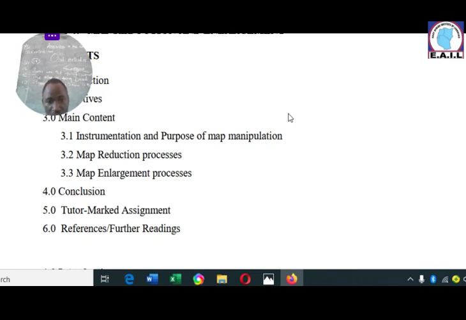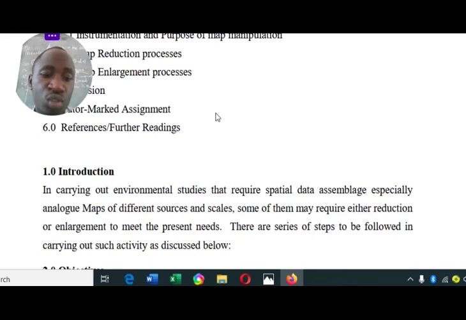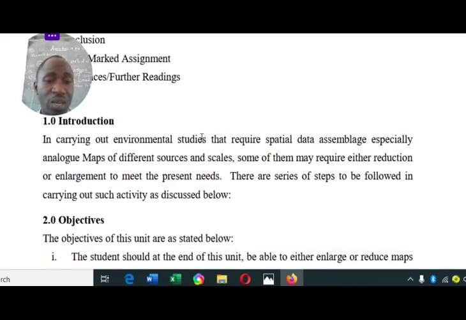Then we look at the map reduction process, then the map enlargement process. Then we make some conclusions, where we shall end by looking at questions or assignments. Then you look at further readings.